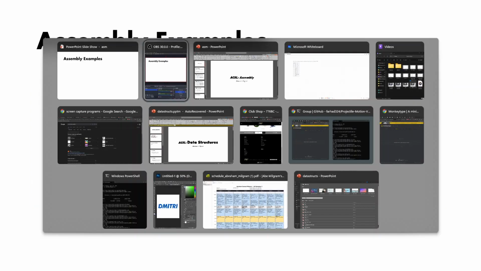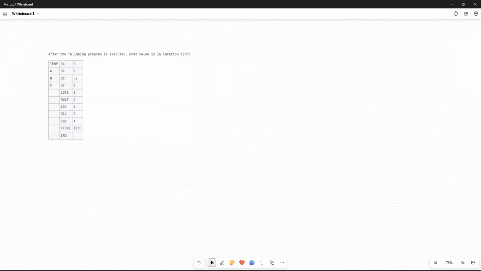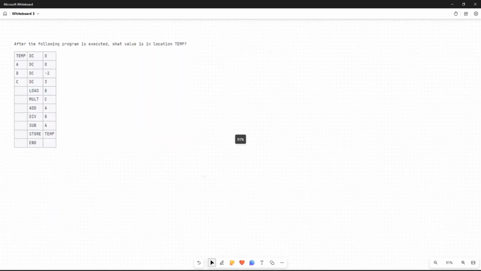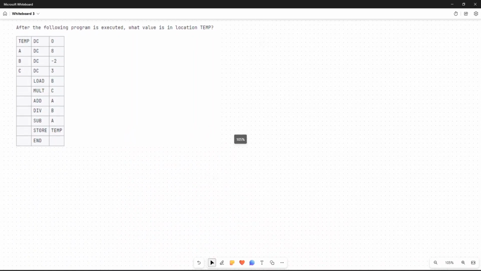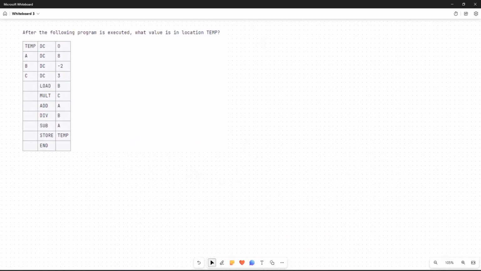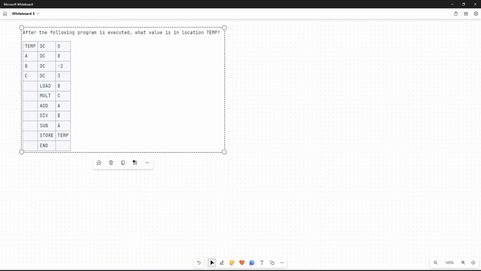So let's move on to some examples. This is an example from the ACSL webpage. So the first thing we're going to do is I see that we have 4 variables here, and the way that I like going about problems like this is constructing a table of sorts with each of these variables.